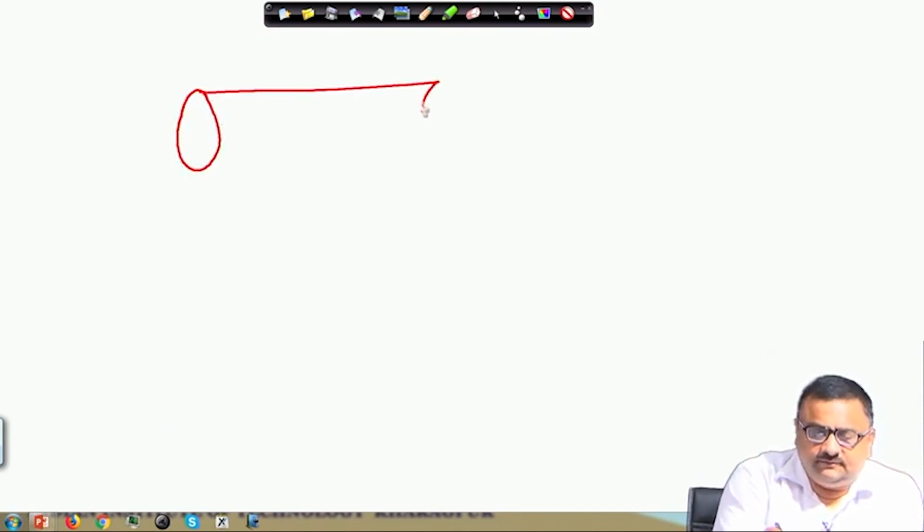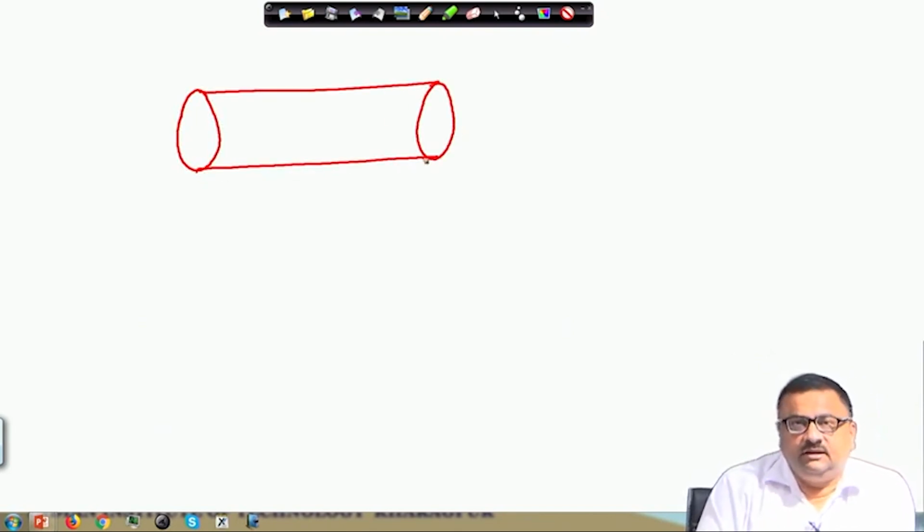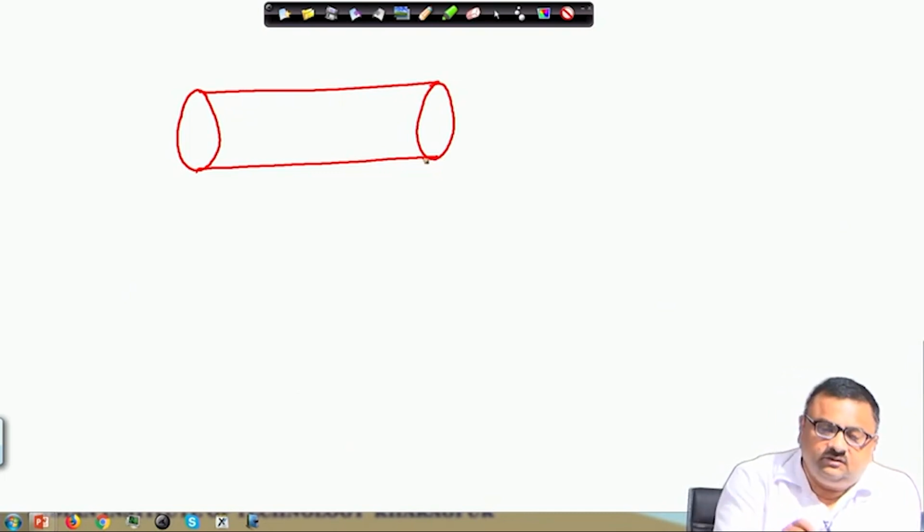We worked with a porous media. So, let us say I have a porous media of cylindrical cross section through which flow is possible.